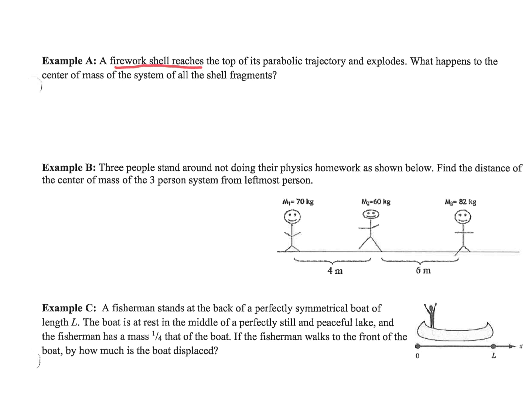So if we have a fireworks shell reaching the top of a parabolic trajectory, in other words, it's flying like this, reaches the top and explodes, then what happens to the center of mass of the shells? Even if you have one shell fragment go here and another shell fragment go here, flying off, the center of mass continues along that trajectory.